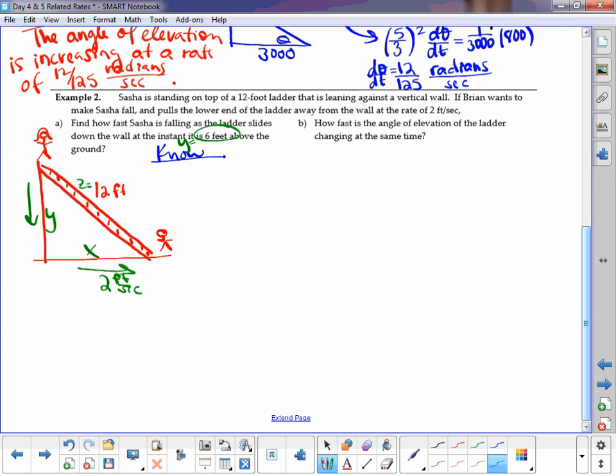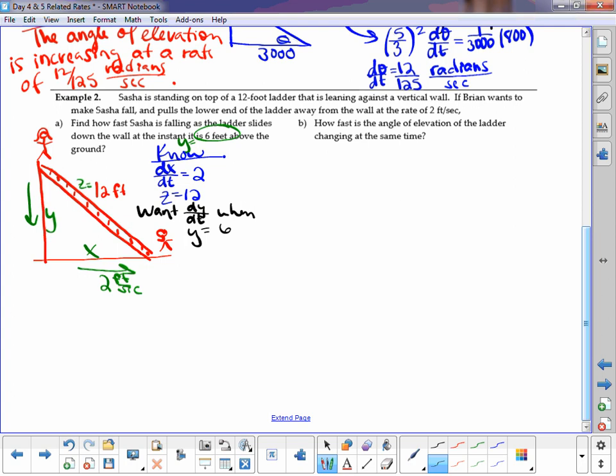So we've got dx/dt given to us. It's a positive 2. We know that z is going to stay that constant 12. And we want dy/dt when y is 6.